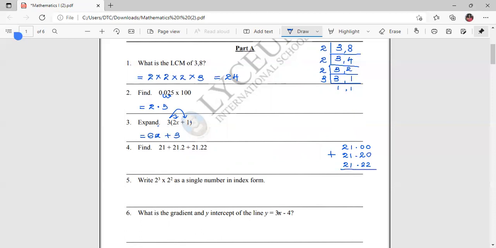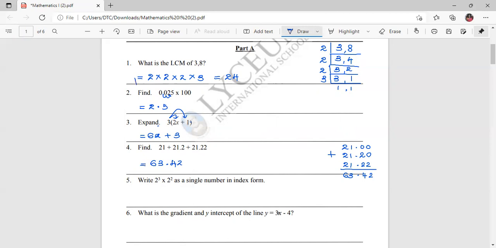Then what will be the answer? Here 2, then here 4, then 3. So my answer will be 63, right? Children, can you see what I'm doing when I'm writing the answers? Can you see something different? Whatever the working, I'm showing on the right side.